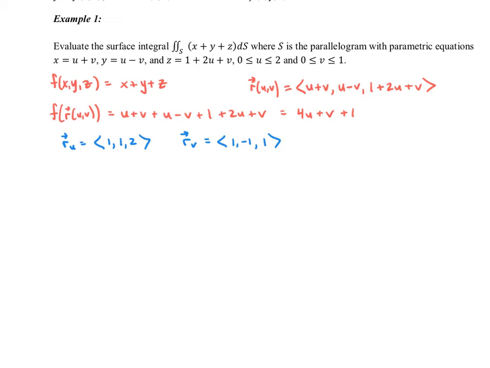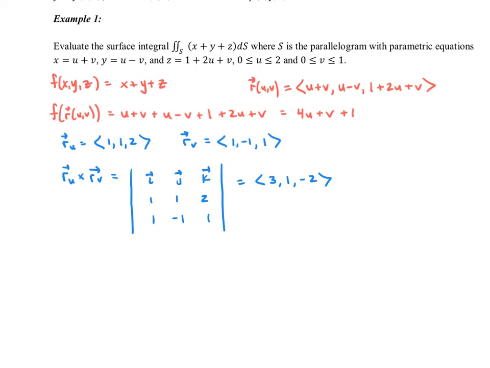Our formula says that we need to do the cross product between these two partials. That gives us ijk and 1, 1, 2, and 1, negative 1, 1. And so we get 3, positive 1, and negative 2.